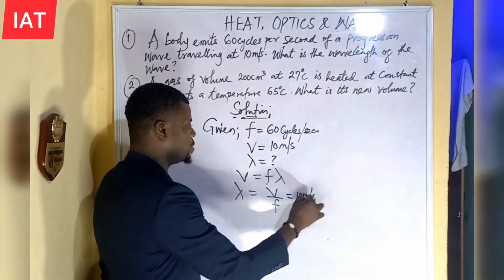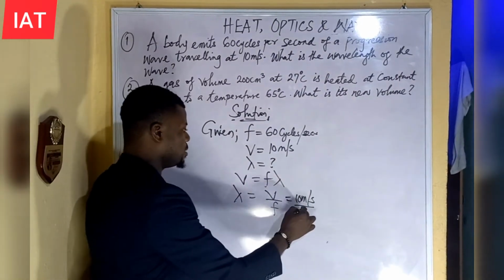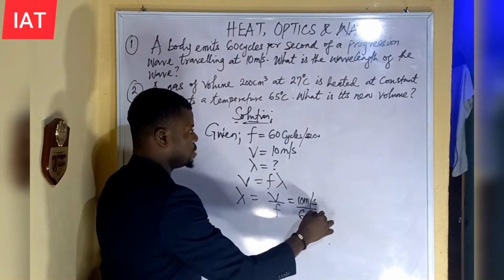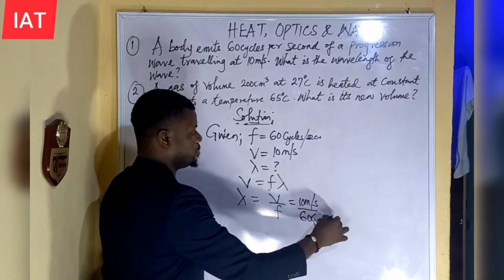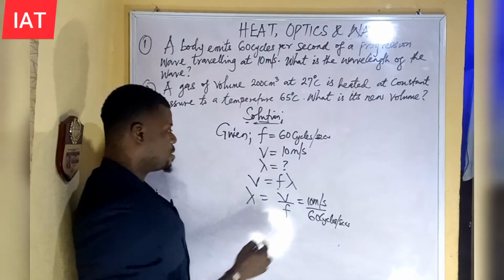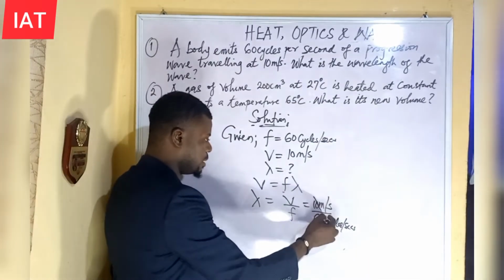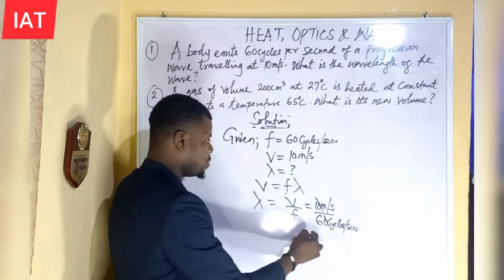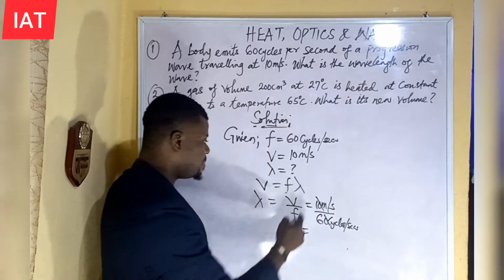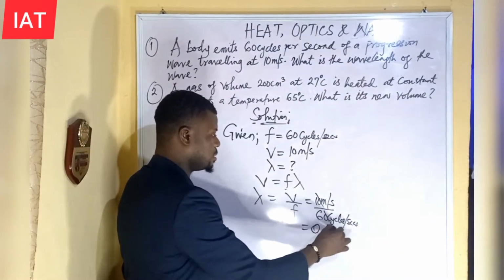So already we have our v to be 10 meters per second, and we have our frequency to be 60 cycles per second. At this point you can see that the 0 can cancel out the 0, and what we have is 1 divided by 6 meters, and 1 divided by 6 should give us 0.166.